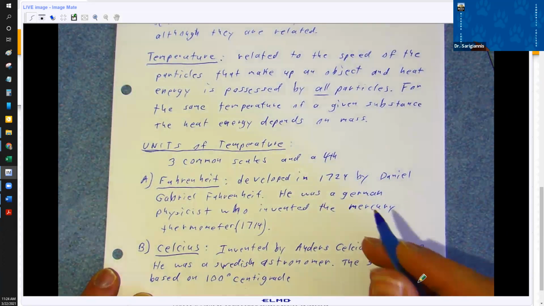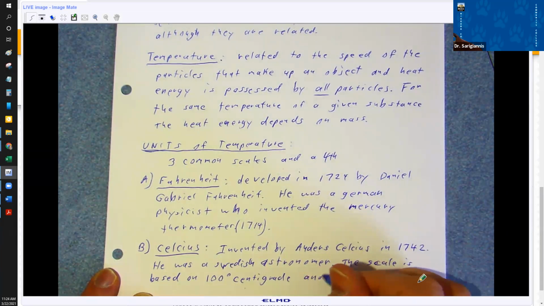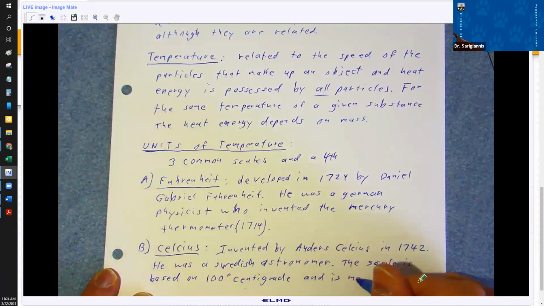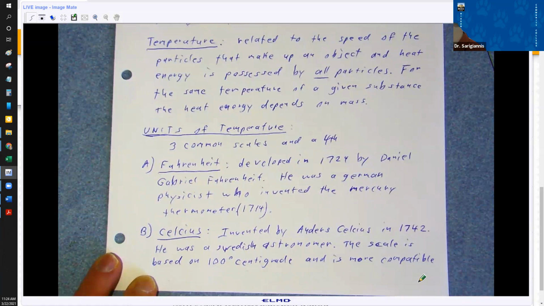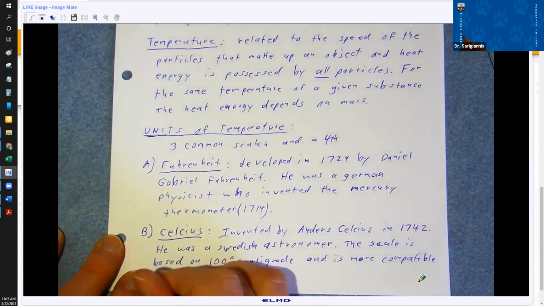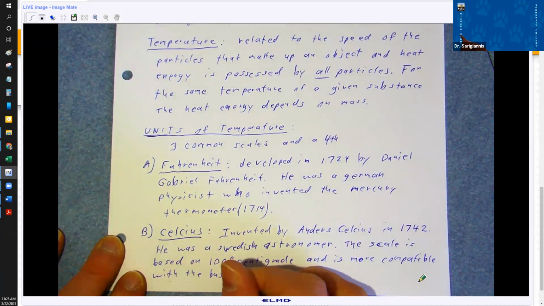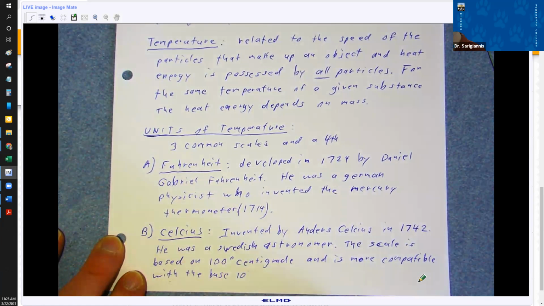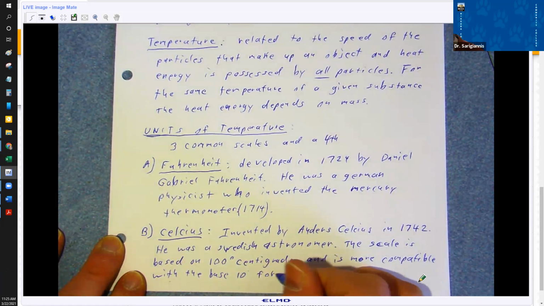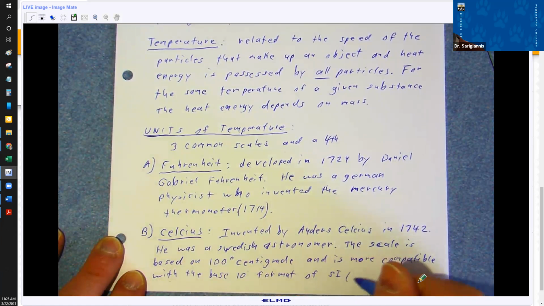And it is more compatible with the base 10 format of SI, which is the metric, all the metric units.